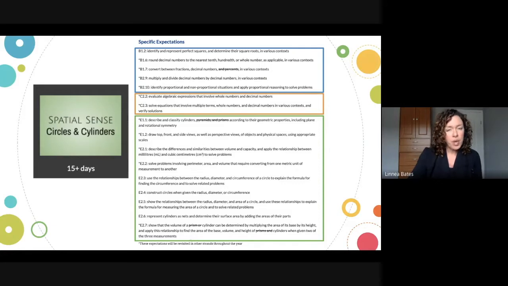The orange box is the algebra expectations that we'll be revisiting during this topic. And the green box, being our spatial sense color, is the measurement expectations that we'll be looking at in this topic. We'll look at each of these in a lot more depth, so don't worry about it if you can't take in this massive cluster of expectations all at once right now.